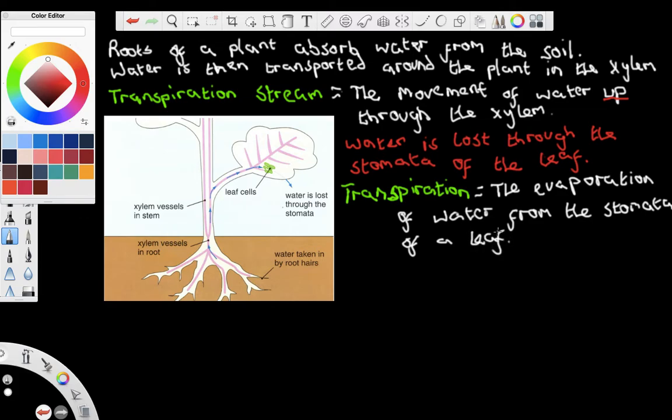Okay, so transpiration is the evaporation of water from the stomata of a leaf.